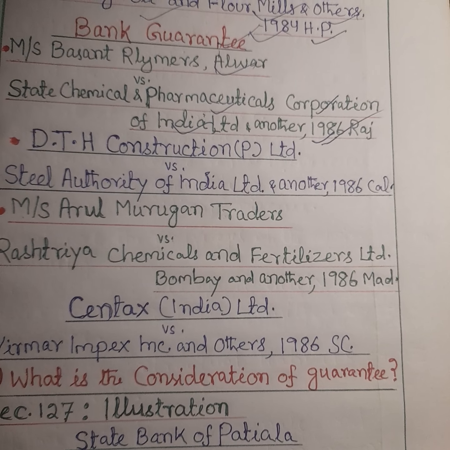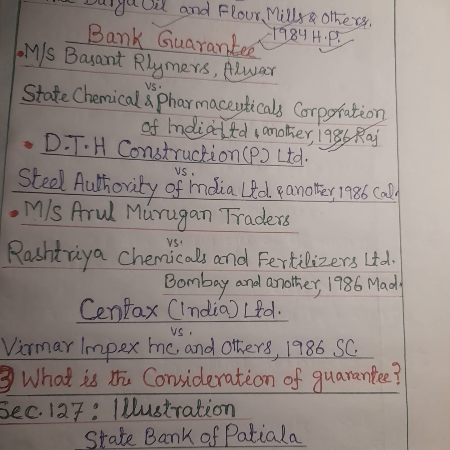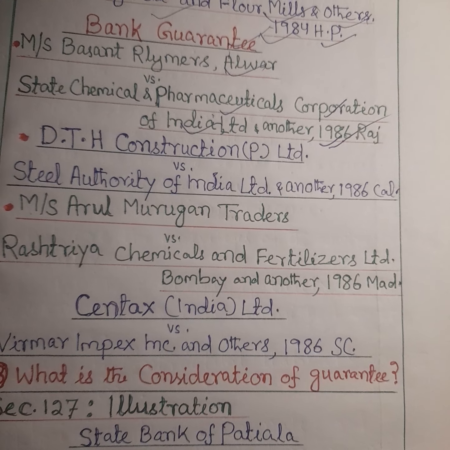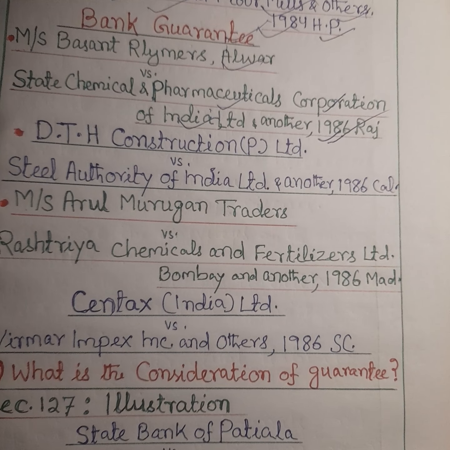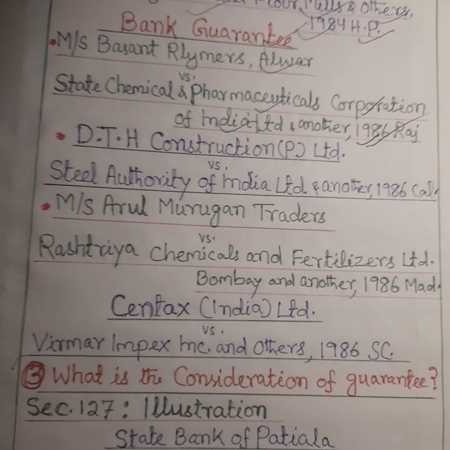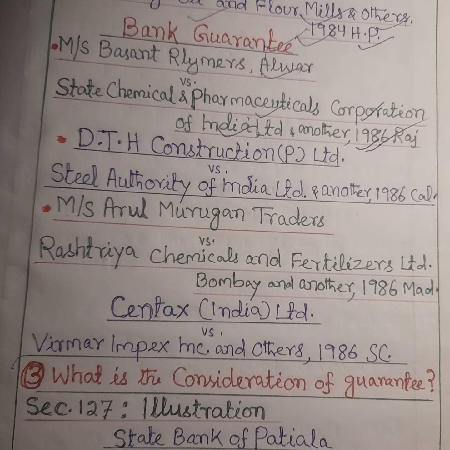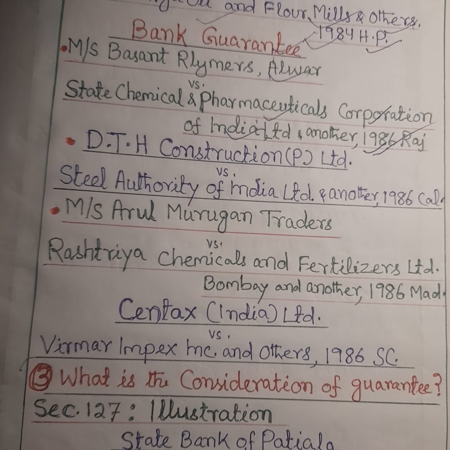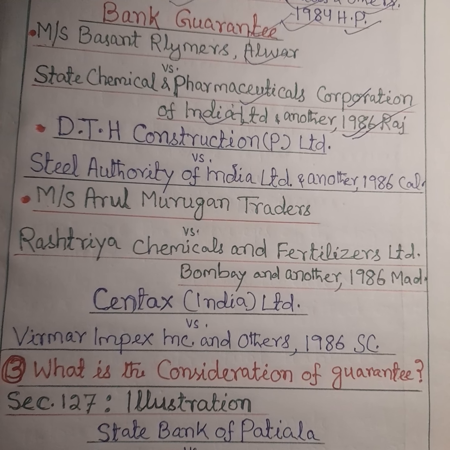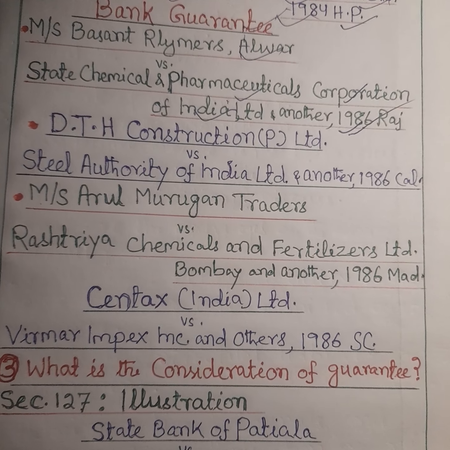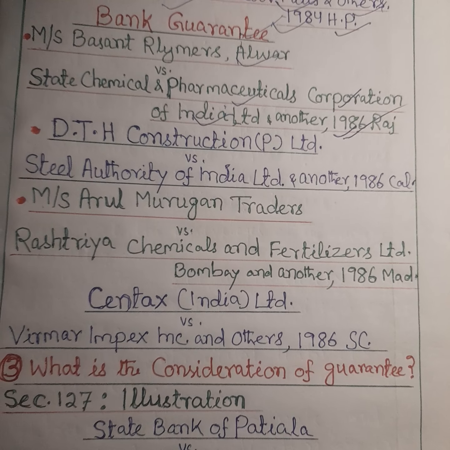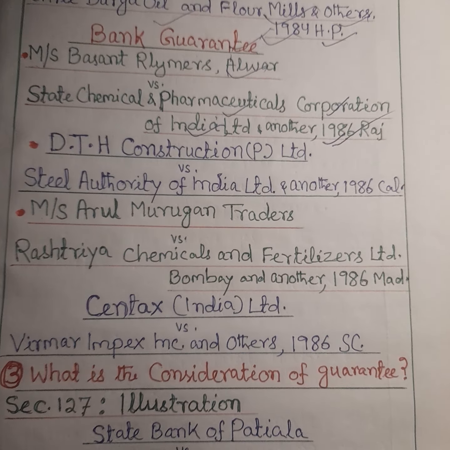For example, there may be a case in which the parties come to an understanding that the liquidated damages will be determined, and after the determination of the liquidated damages, the bank guarantee should be encashed. In such a matter, the court should not and generally cannot interfere in the encashment of the bank guarantee.